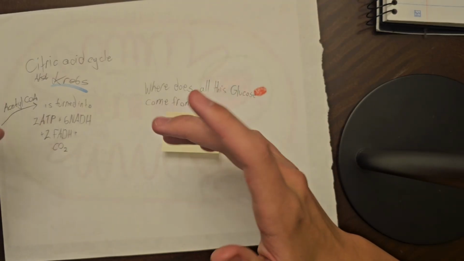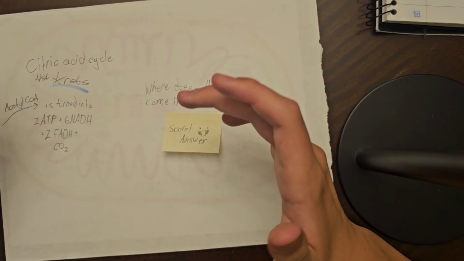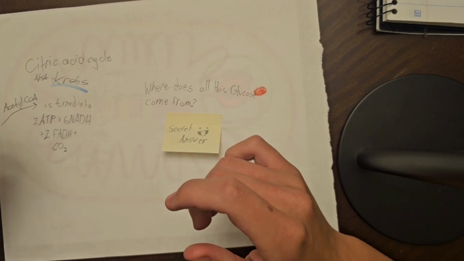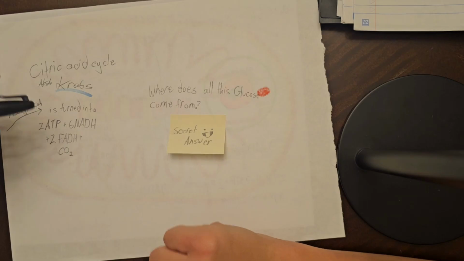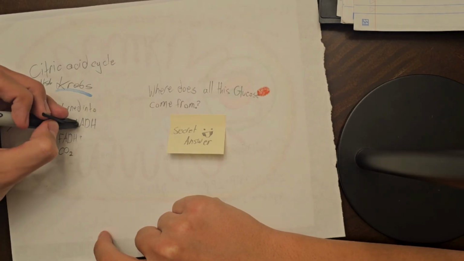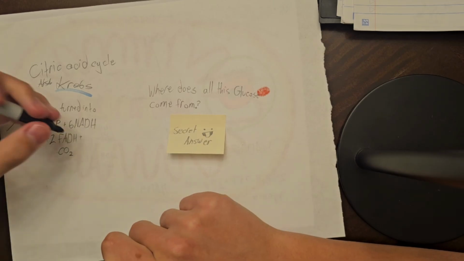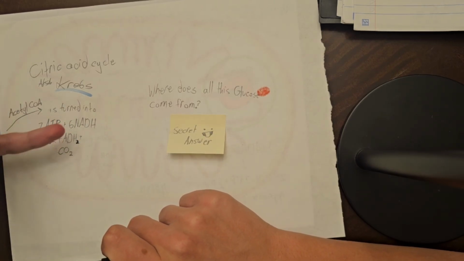But what we need to know is that it gets taken to the thing called a matrix, and it begins something called the citric acid cycle, or the Krebs cycle, and it's similar to the Calvin cycle, but basically in reverse. And you will be left with 2 ATP, 6 NADHs, and 2 FADH2s, right? You have 2 hydrogens and 2 electrons per FADH.